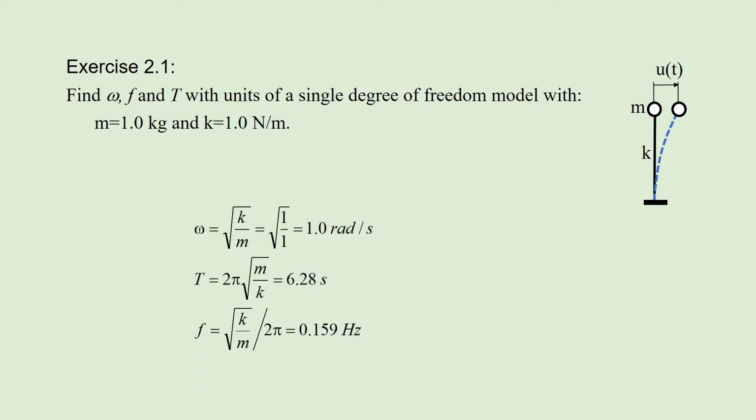Omega, natural circular frequency, is square root k over m, which is 1.0 radian per second. Use the SI unit. T and f are obtained by this formula. Natural period T is 6.28 seconds and the natural frequency is 0.159 Hertz.